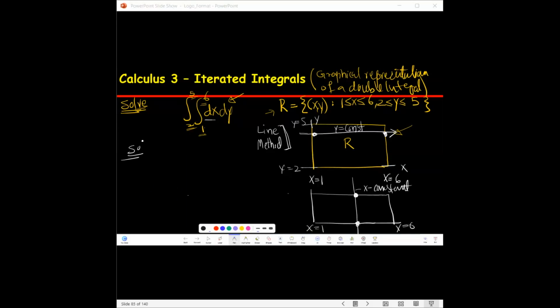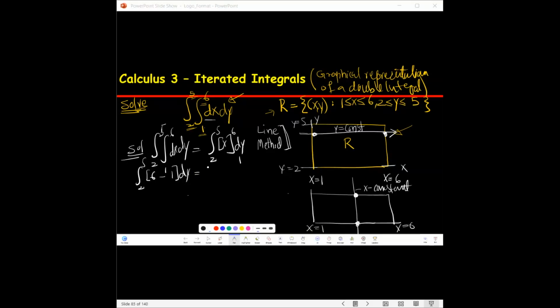So I'm going to write the integral from 2 to 5, dx dy. If I solve further, it's going to be the integral from 2 to 5 of 6 minus 1 dy.